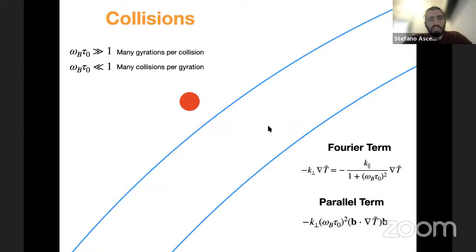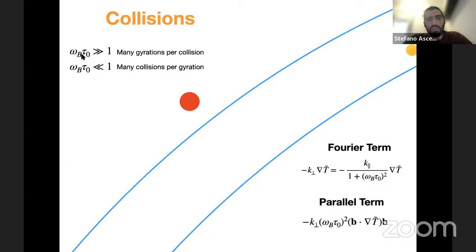And what is the effect of collisions? The effect of collisions is the following. Basically, the effect is to dislodge the electron from the field line and make it jump to another field line, to another guiding center.